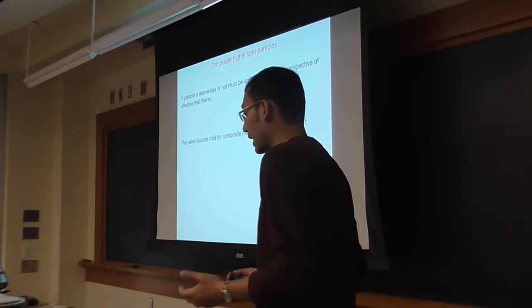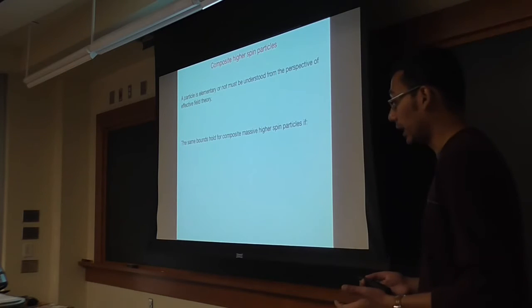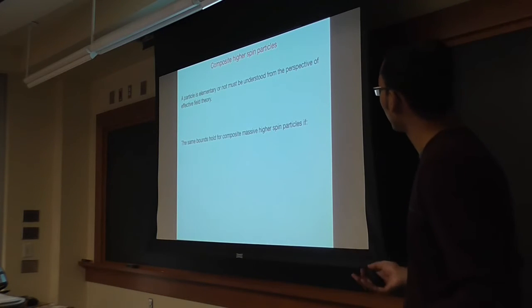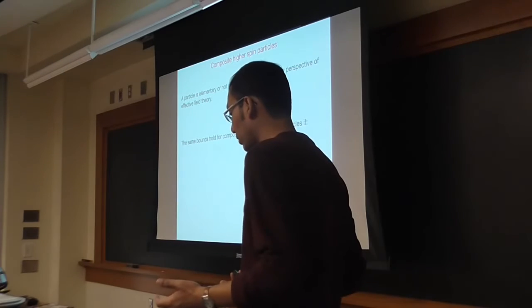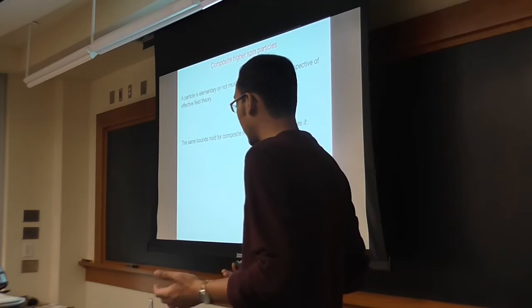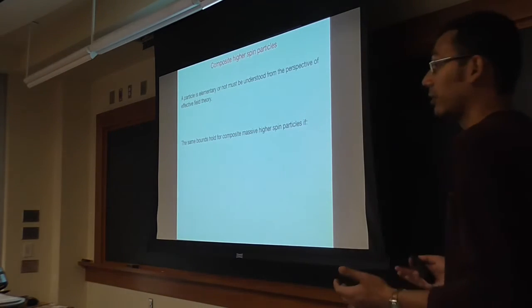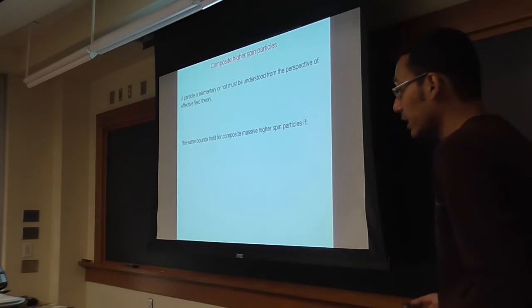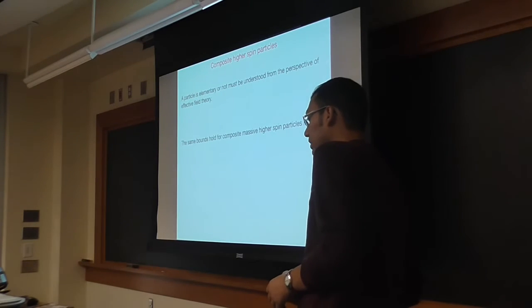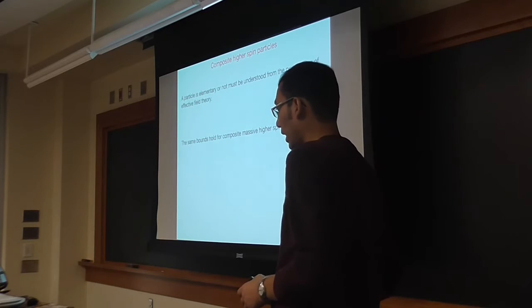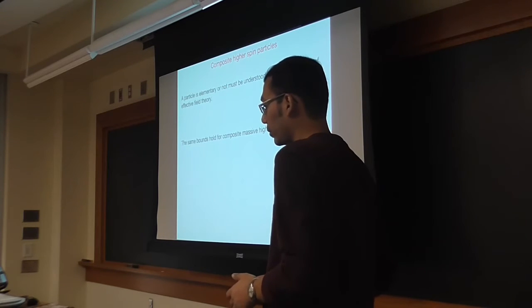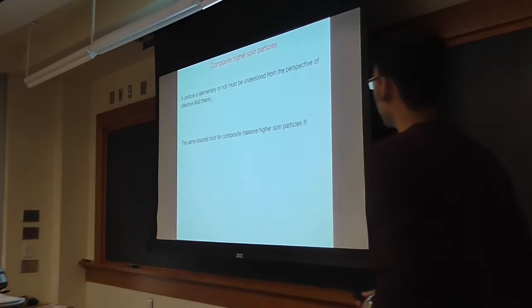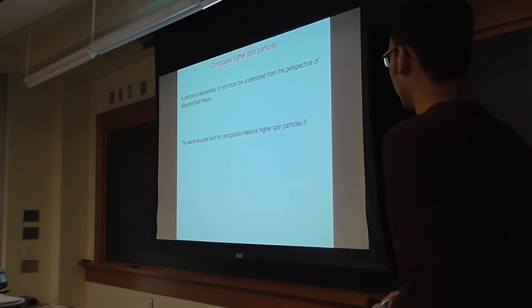But what I mean by an elementary particle is very important, because all I'm doing is effective field theory. So when I say elementary particle, it should be understood from the perspective of effective field theory. As long as a particle looks like an elementary particle up to an energy scale which is higher than its mass, this bound is valid for that particle.